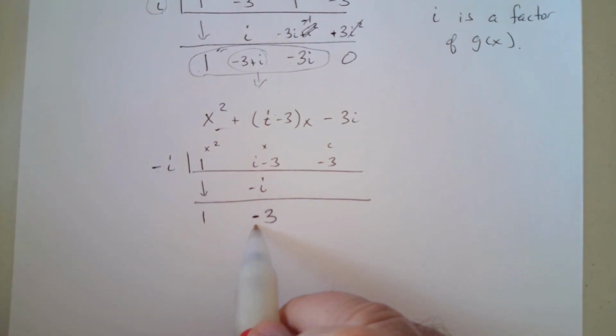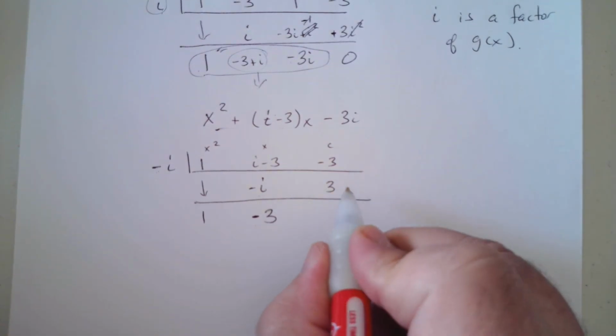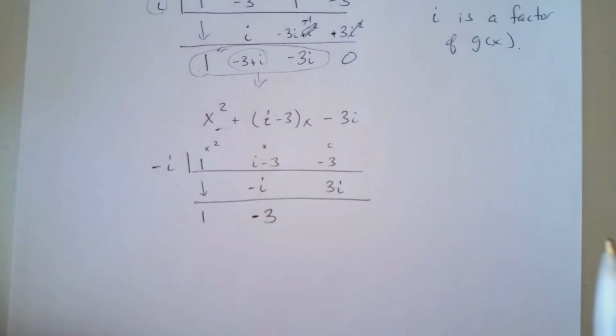Negative i times negative 3, negative is positive, 3i.